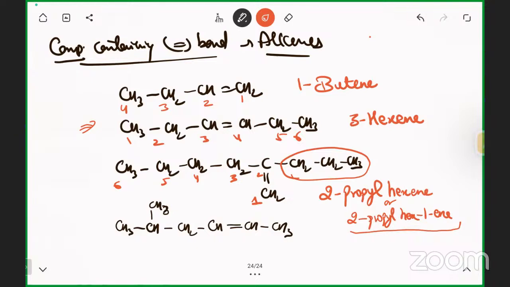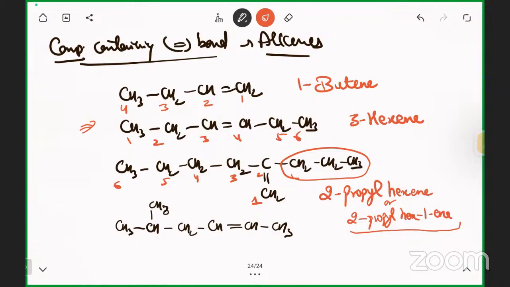Okay, next one. Name. Numbering should be done from the right side or left side? Left side, sir. No, it will be from the right side. See, you will give priority to the double bond, not to the side chain. If a functional group is present, then this is a different thing.